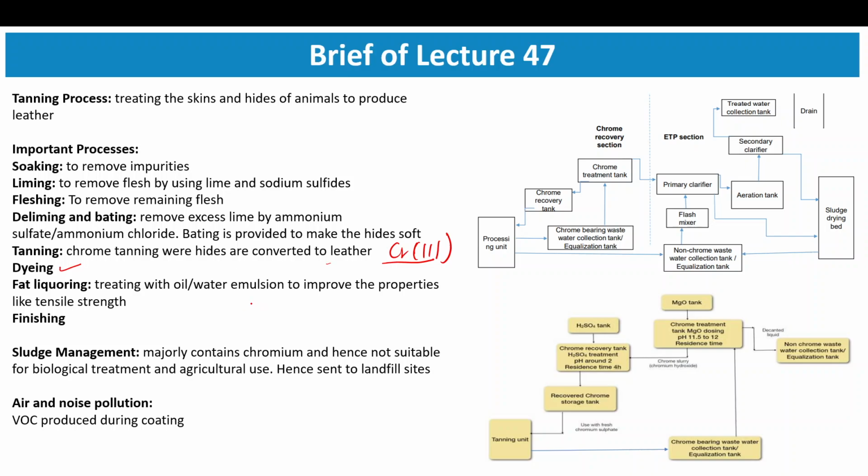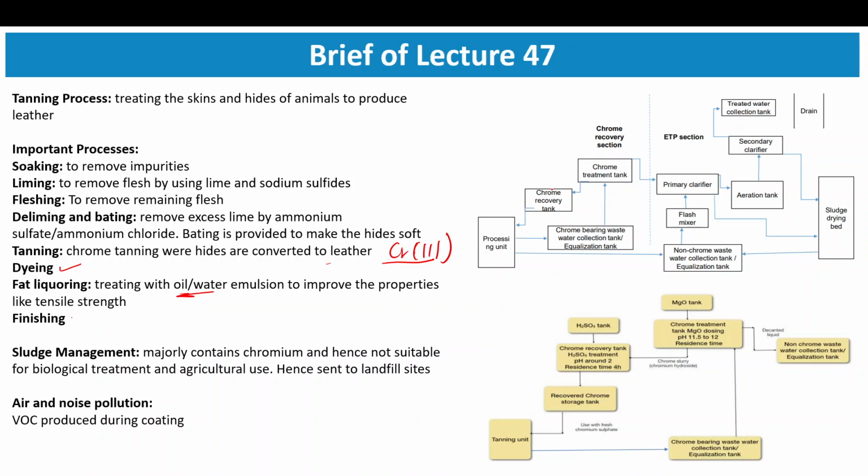Treating the leather with an oil water emulsion improves its tensile strength, because otherwise, if the leather is not processed, it will turn brittle on drying, which is not a property required for any application. Final finishing is provided so that there is a shine on the leather or a matte finish, depending on the type of application, and it is generated.